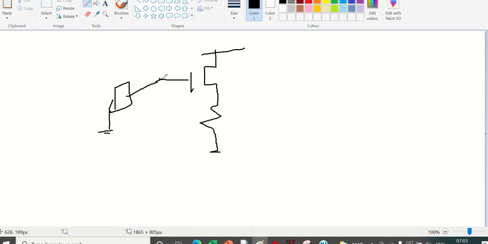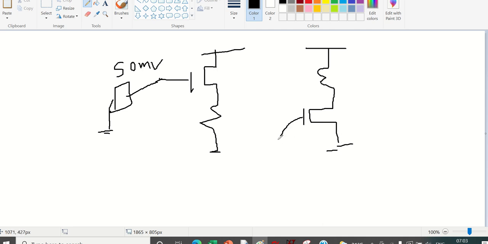It will generate a maximum of 50 millivolts. The second case is this one, and this can also be a maximum of 50 millivolts.